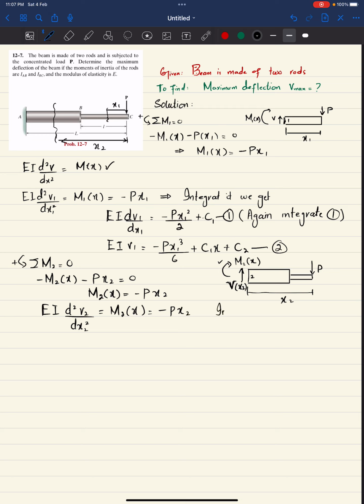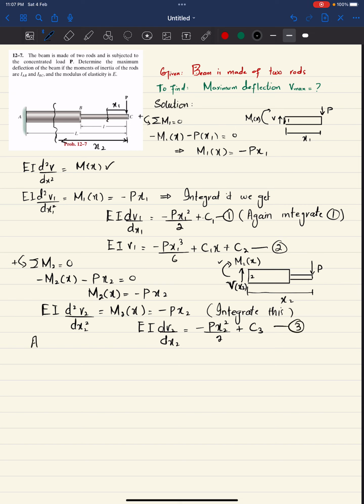Integrating this, we will get EI dv2 over dx2 equal to minus P x2 square over 2 plus c3. Let this be equation number 3, and this equation is for slope.